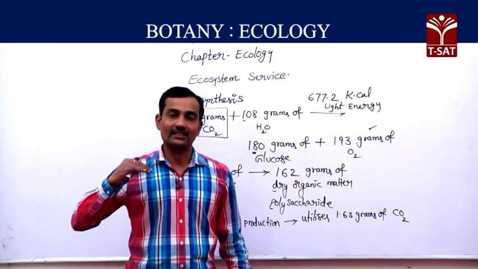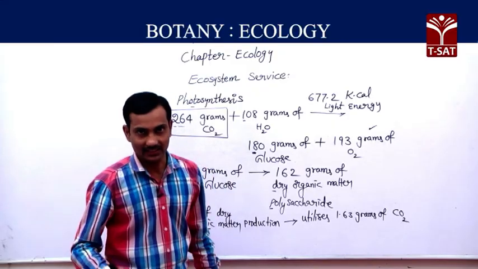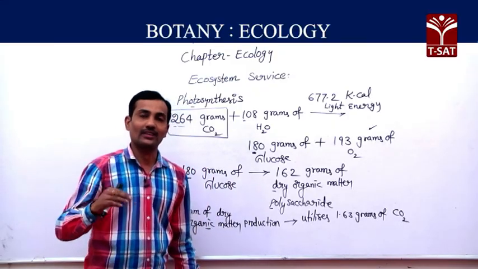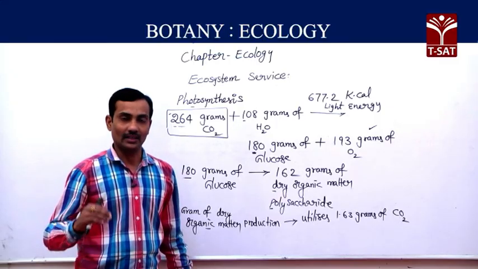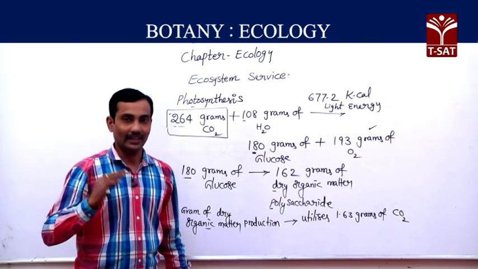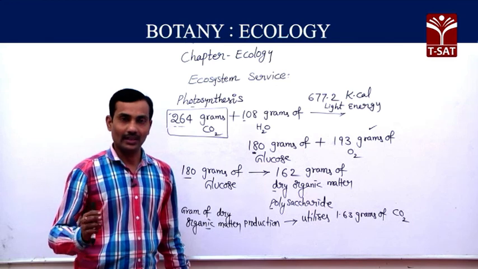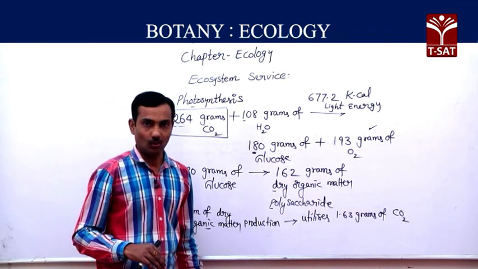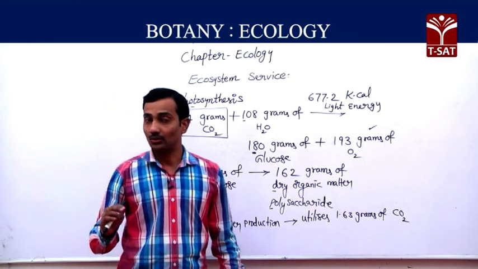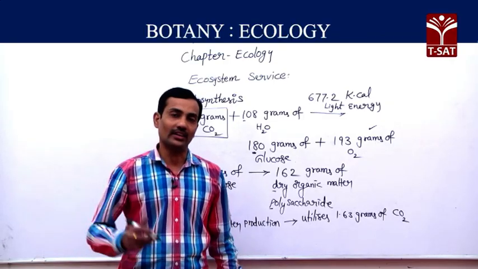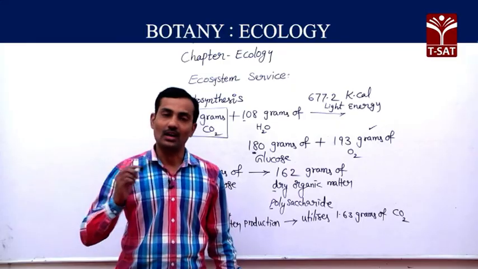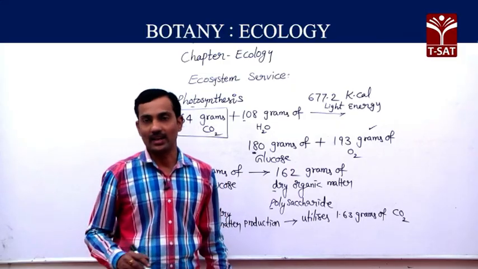If carbon dioxide gradually increases, atmospheric temperature increases and the earth temperature increases. So it leads to global warming. Global warming is caused by different gases like carbon monoxide and carbon dioxide.